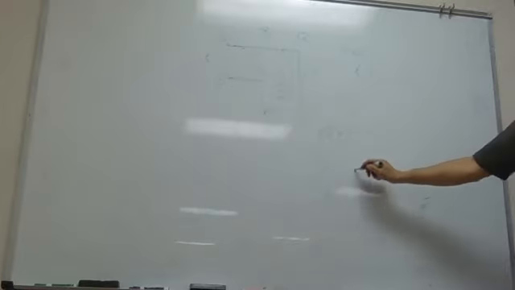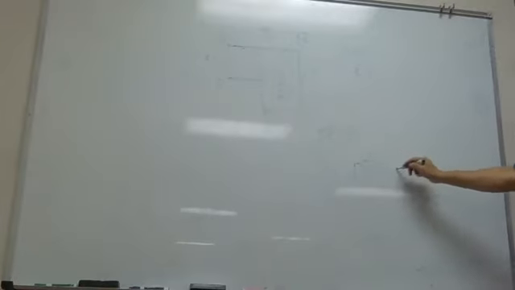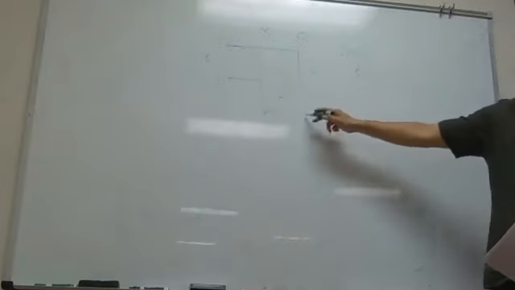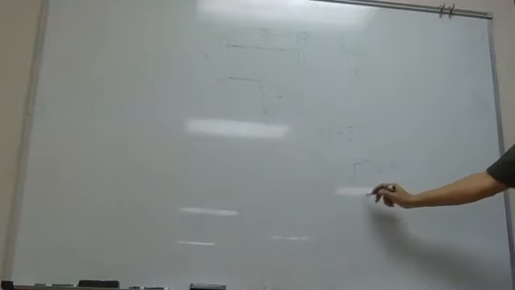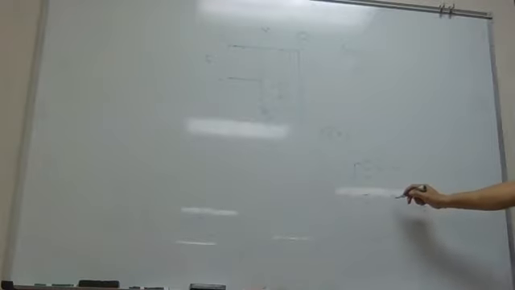First of all, one of them is very easy to get. What is DE? DE is 4, because 9 minus 5 gives you 4. What about EF? The area of ABCDEF is 52, and 8 times 9 would be the area of the whole thing.